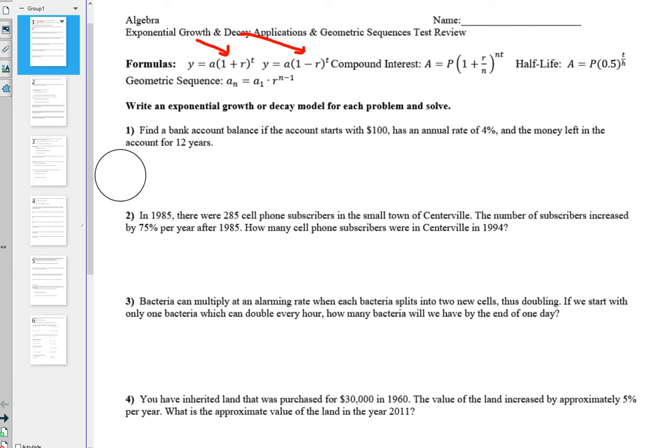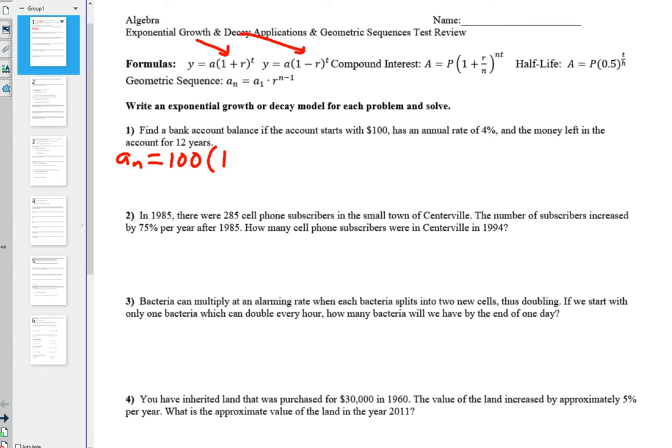Oh, you know what? Let's write the model first, with just n years. What's the initial amount here? $100. Does it say growth or decay? When you put money into the bank, do you lose money or do you gain money? Yeah, gain. So it'd be 1 plus. What is the rate? 0.04.